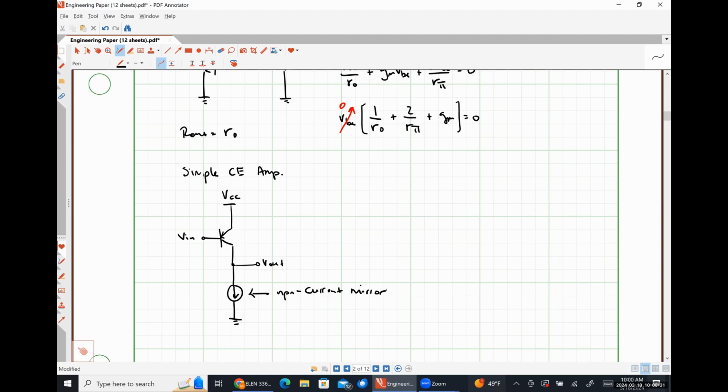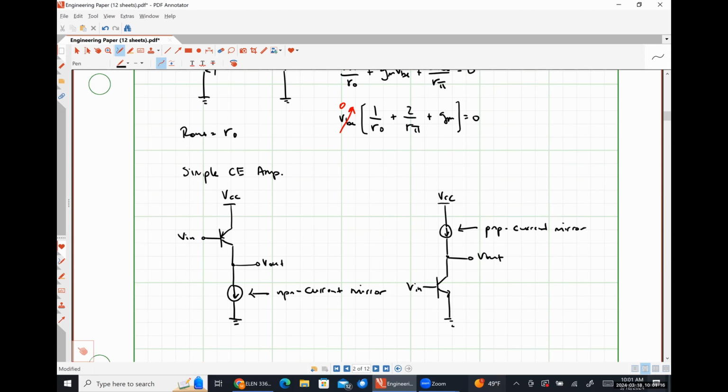Well, this is our NPN current mirror, right? So what if we wanted to bias a circuit like this? This guy up here would need to be a PNP current mirror, right? So an NPN current mirror is always going to effectively be drawing a current down towards ground.